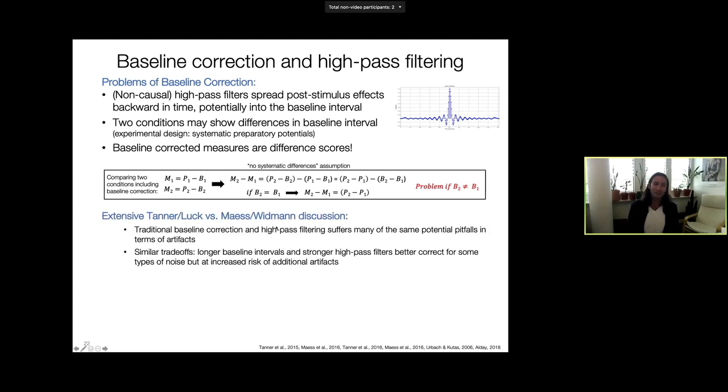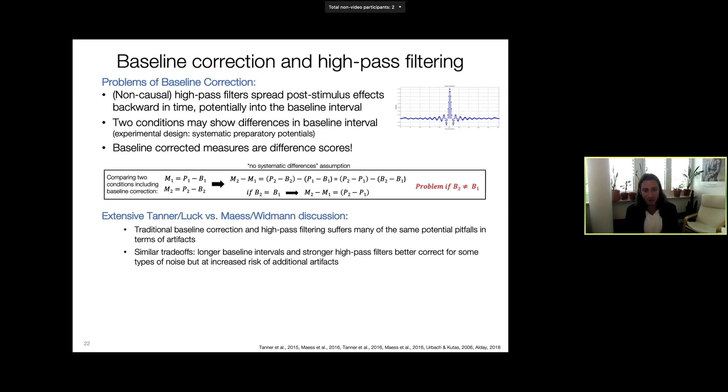And there is an extensive discussion between the Tanner and Luck group versus the Meyers and Widmann group, resulting in 4 papers going back and forth, which is really entertaining to read, but for me, it's difficult to take a home message from this. So I claim traditional baseline correction and high-pass filtering suffer from many of the same potential pitfalls in terms of artifacts.